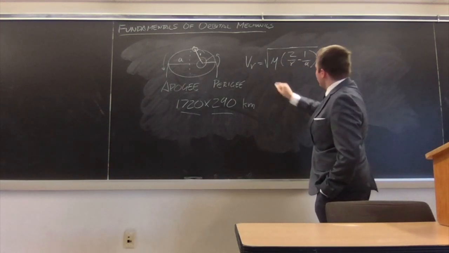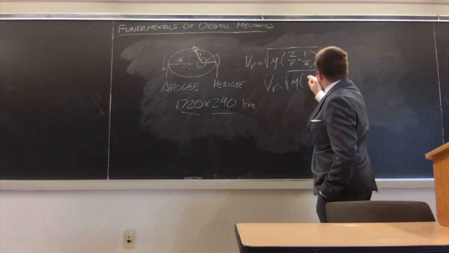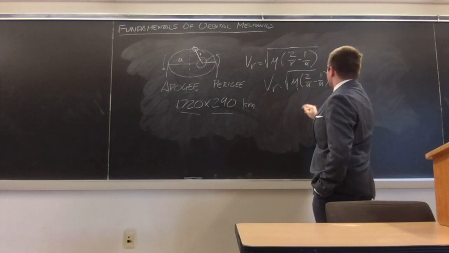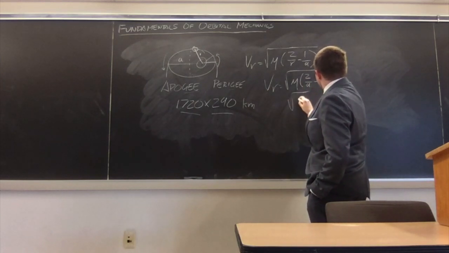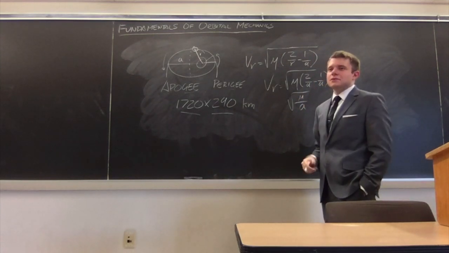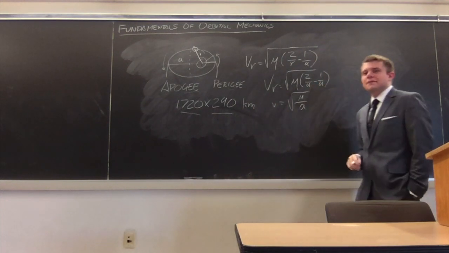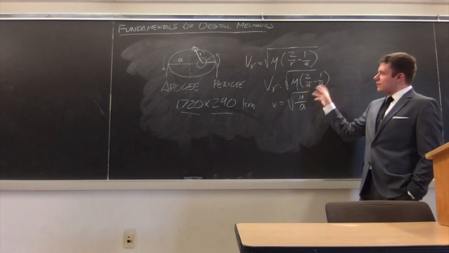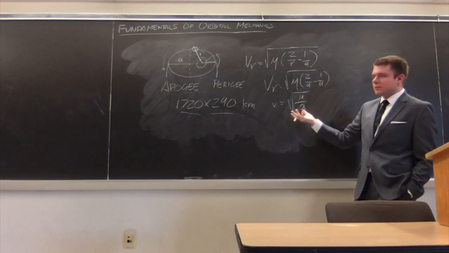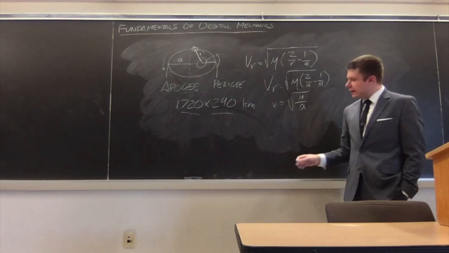In a situation where r equals a, Vr is equal to the square root of mu times 2 over a minus 1 over a. 2 minus 1 is 1, so that just becomes the square root of mu over a, which is the radius at that point. Which is the original equation. Indeed it is. So you can see how we can go from the complicated case and come back to our first simple case just by a little bit of substitution. I think that's one of the most beautiful little proofs that I can talk about today.